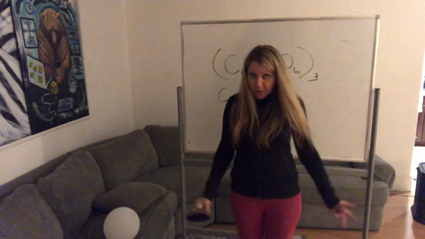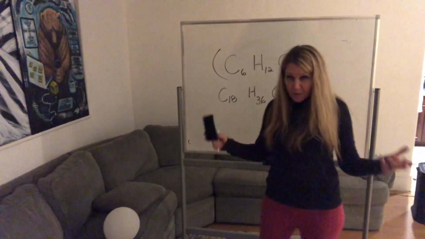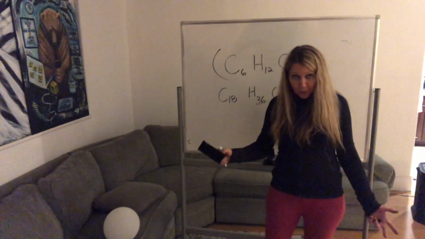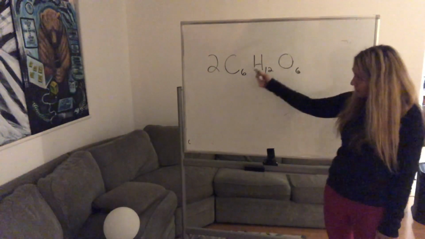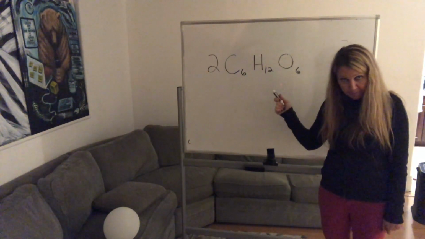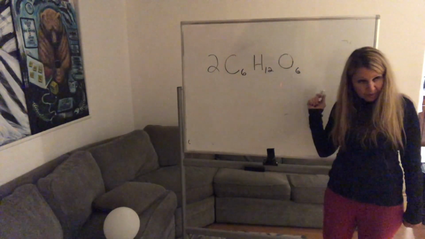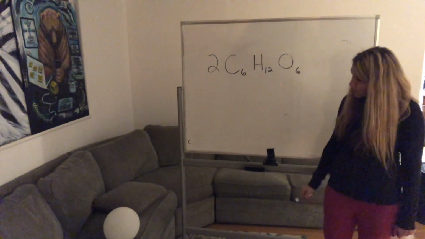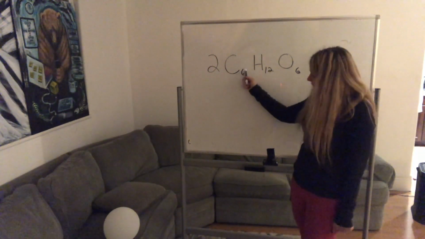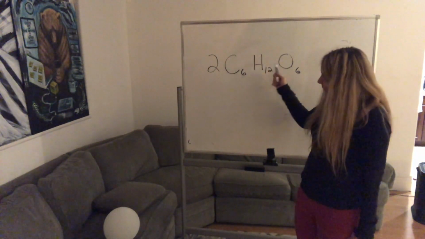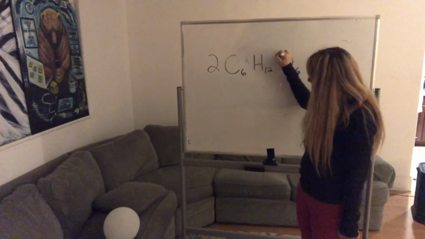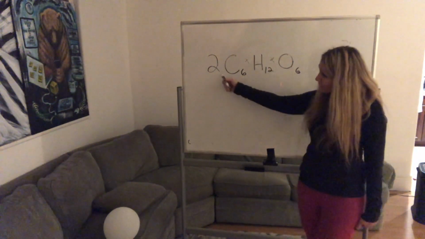We also can use coefficients, and coefficients come before the symbol. I have 2 molecules of glucose. I want to figure out how many carbons, how many hydrogens, how many oxygens. If you think of these as all together, we're kind of multiplying them.